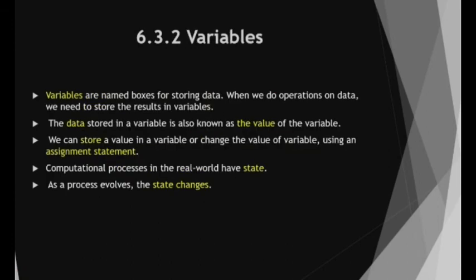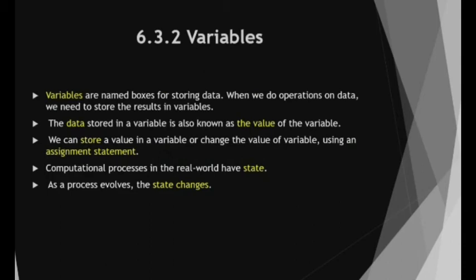Now you can see what is meant by variables. Variables are named boxes for storing data. When we do operations on data, we need to store the results in variables. So a variable is nothing but a box that is used for storing data. For example, if you want to store all the chalk pieces, where do you store them? We take all the chalk pieces in the chalk piece box.